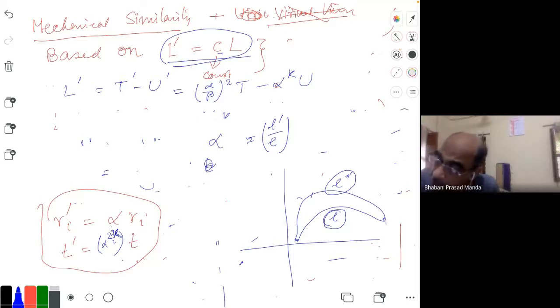Then I can write this transformation in terms of L. You may have a little doubt about this L and L prime, but this will be clear when we consider the examples.